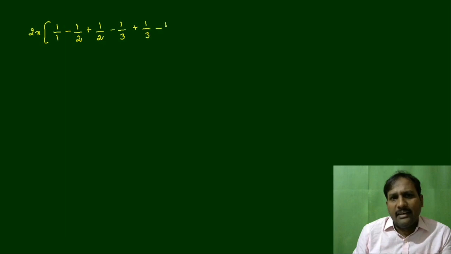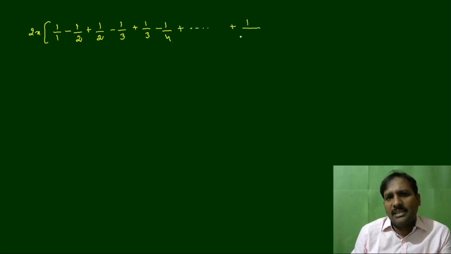So this will become 2x into 1 by 1 minus 1 by 2 plus 1 by 2 minus 1 by 3 plus 1 by 3 minus 1 by 4 plus so on. The last term is 1 by 2021 minus 1 by 2022, is equal to 2021.